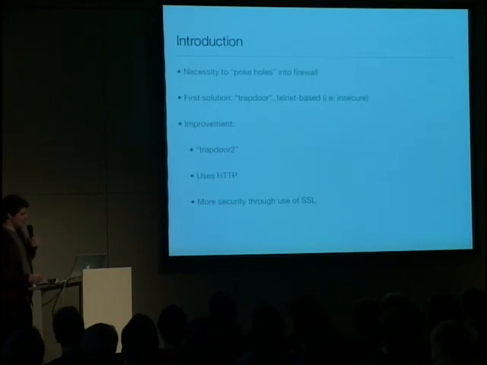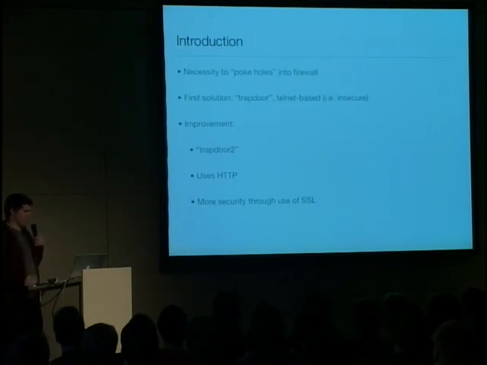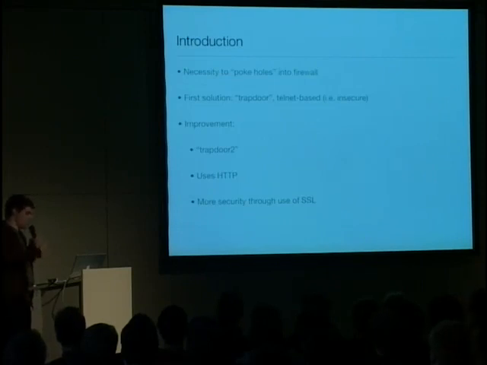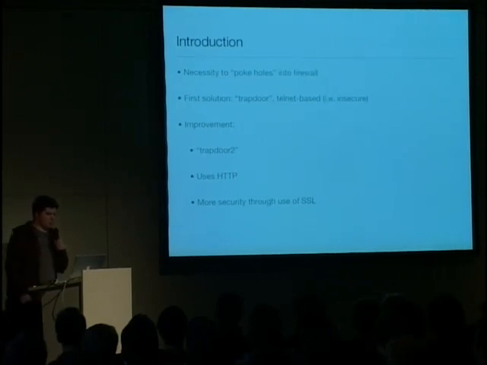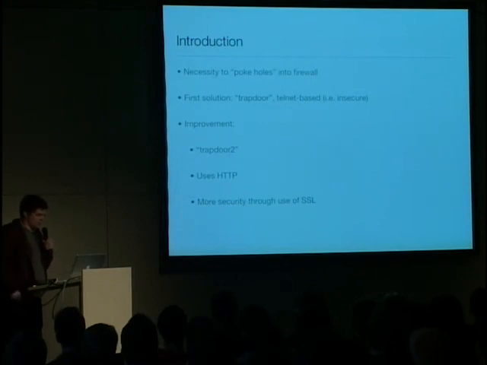That means to allow a certain computer to connect to, for example, SSH, but only for a time window of 30 seconds or something like that. And the first solution was called Trapdoor. It was telnet based. You simply connected using telnet, entered a secret code, and then the SSH port for your source address opened, and you were able to connect.